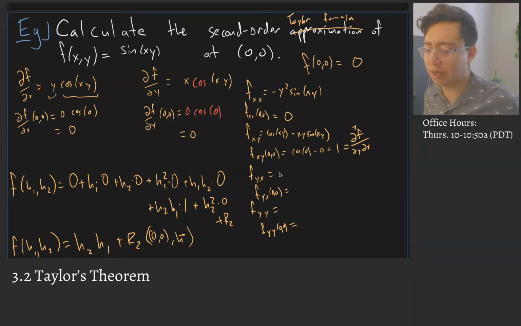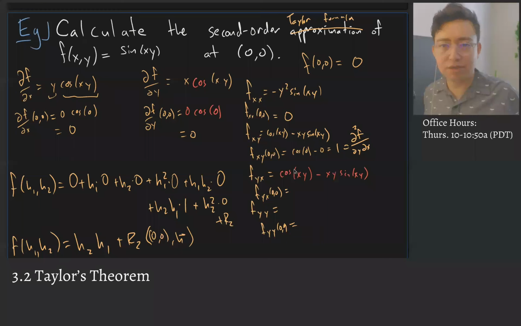So here we get the derivative of this with respect to x is going to be, again, cosine of xy minus xy sine of xy. Yeah, I should have noticed that sooner, right? Because this and this are supposed to be the same, right? These two are supposed to be the same.